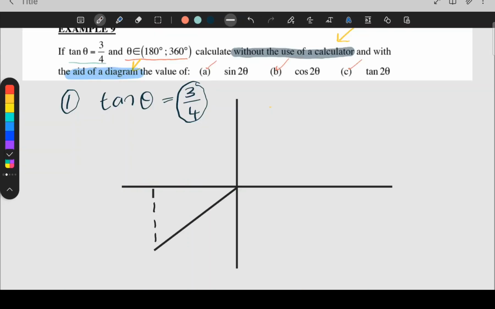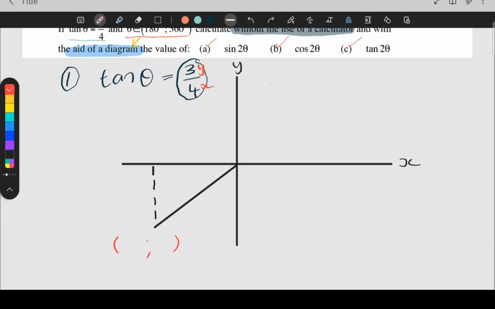So grade 12, here is my diagram. This is X and this is Y. I'm in quadrant 3 and tan theta is Y, remember, this is my Y value over my X value. So I have to work out R. Before we start, let's make a note. In quadrant 1, X and Y are positive.